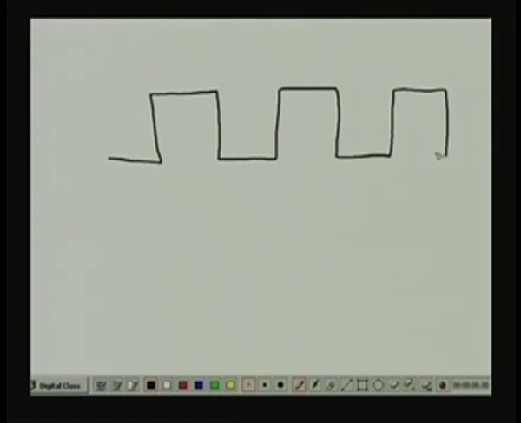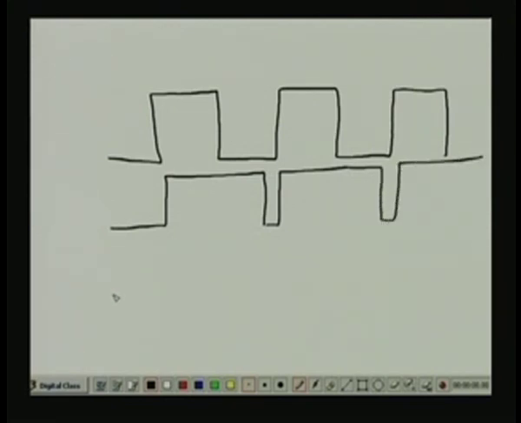Isn't it? This is a wave, and we can have another wave like this, or we can have another wave.